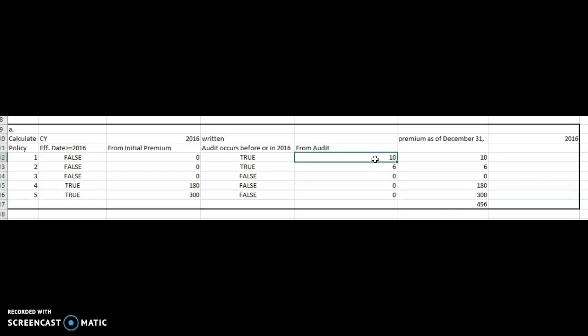So we just use 0.05 times the initial premium, which will be 10 for policy 1 and 6 for policy 2. So let's add the premium and the audit. Let's calculate the sum of all the premium and all the audit, and we can get 496 as our answer.